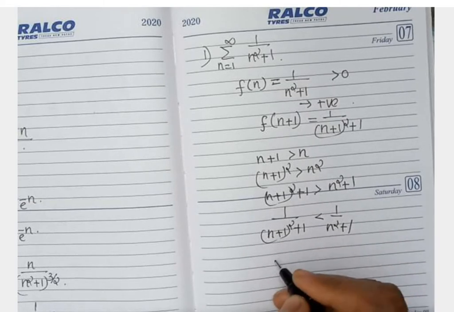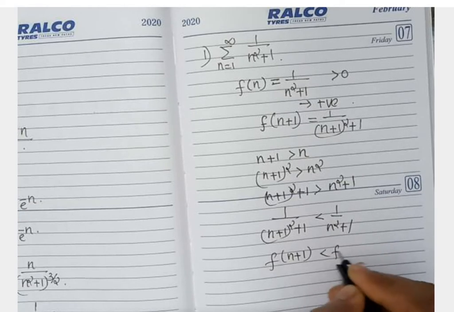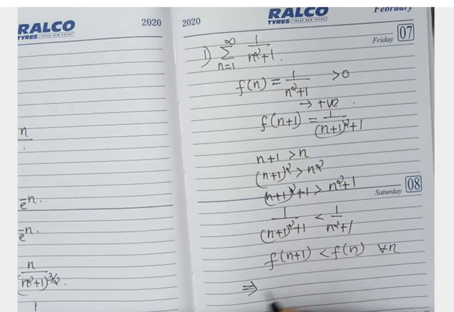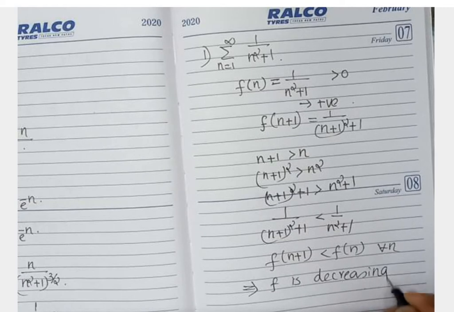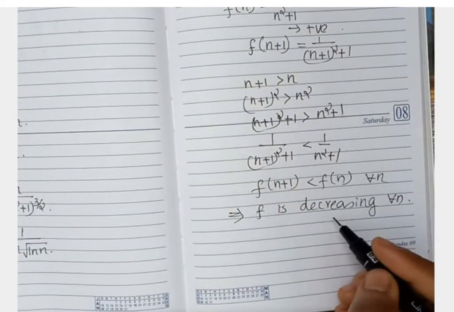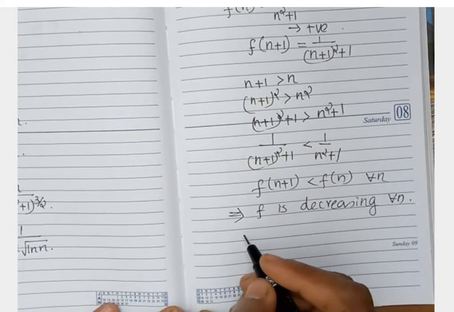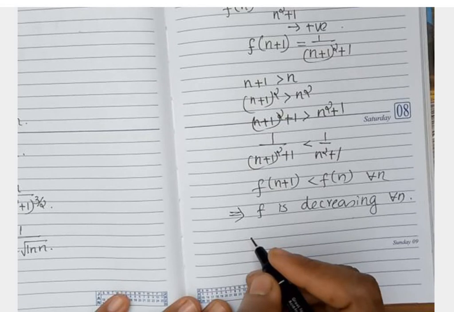Therefore, f of n plus 1 is less than f of n for every n, which implies f is decreasing. So f is a positive, decreasing, continuous function, and we can apply the integral test.